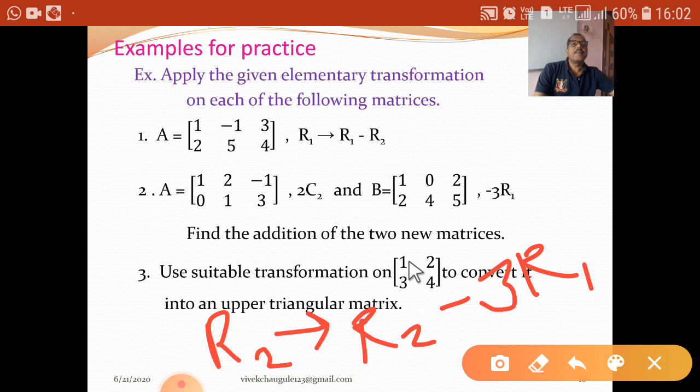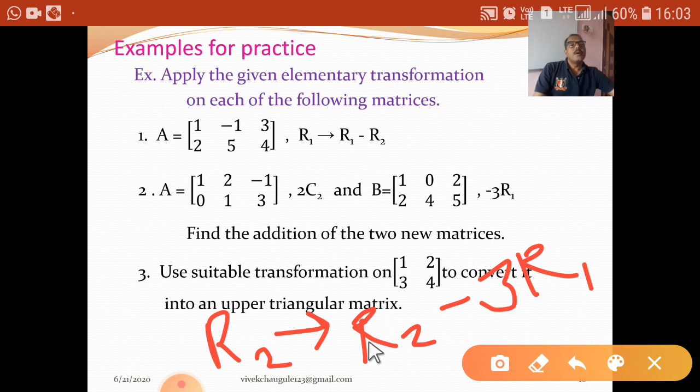See here, multiplying the first row by 3, we get 3 minus 3 is 0. Here this element becomes 4 minus 6, because every element of the first row we multiplied by 3, and therefore we get 6, and R2 minus 3R1 means 4 minus 6, we get minus 2. Therefore the new matrix is 1, 2 remains the same, here is 0 and minus 2, we get the new upper triangular matrix.